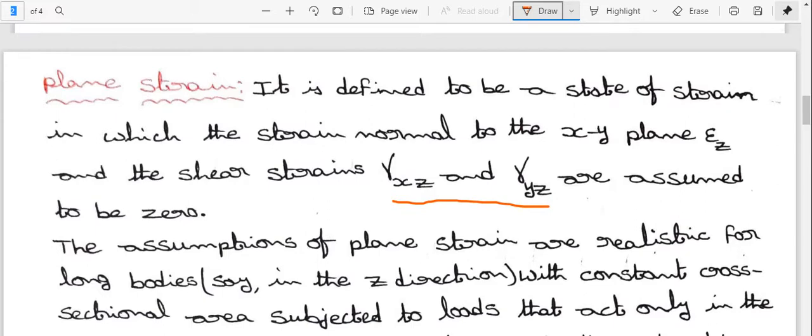So here in the plane stress and plane strain conditions, we neglect the z direction. That's why I am considering only the xy plane. So epsilon z, gamma xz and gamma yz are assumed to be 0.